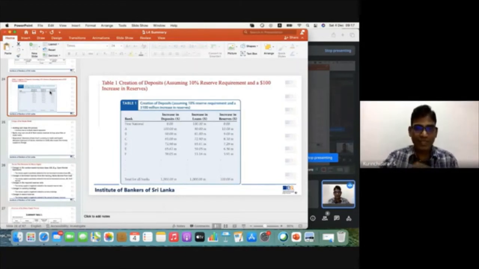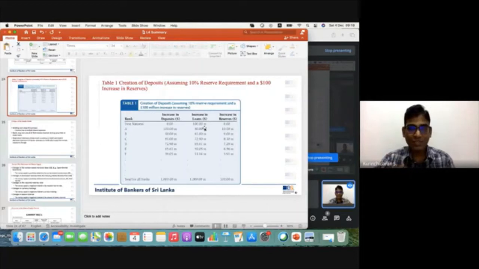Now this is 10%. What will happen is, without going into the detailed calculations, you take the initial amount, that's 100 million, and divide it by the percentage. When it's 10%, that is 0.1. If you divide the initial amount by the reserve requirement, 0.1, you get 1,000.